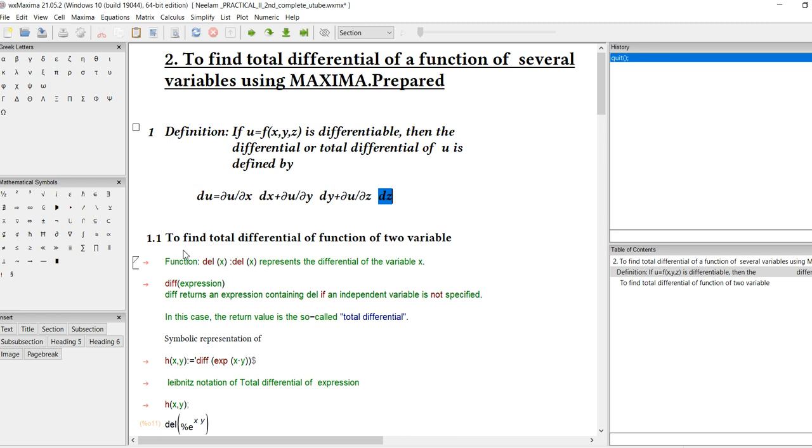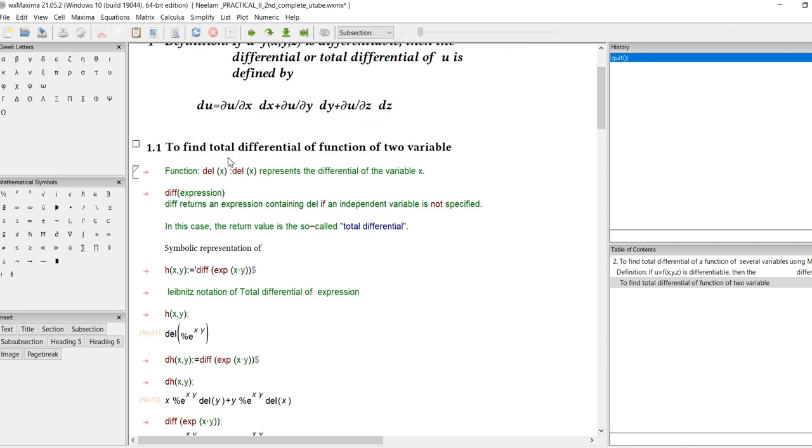First of all, how to find the total differential of a function; I am first taking the example of two variables. So your notation dx here is del of x. Del x represents the differential of the variable x. If there is del of y, it represents the differential of the variable y.